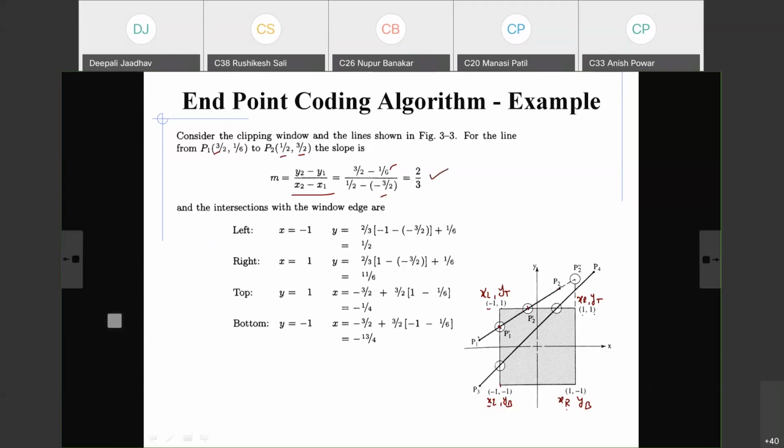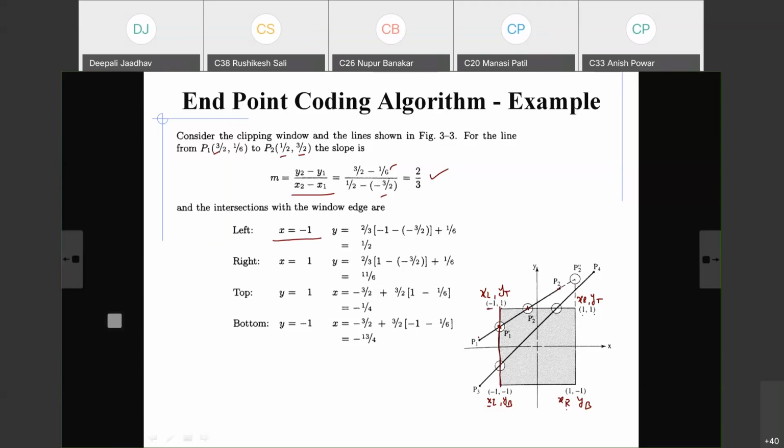So for this line from P1 to P2, we get this slope of the line. Next, we are going to find the intersections. So start with the left. This is our left line, and where it intersects at this point, that we are going to find out. For this x, what is the value of xl? Minus 1. So x is equal to minus 1 in this case.